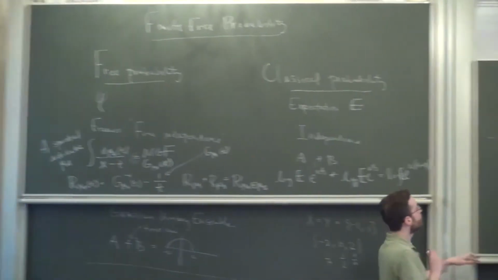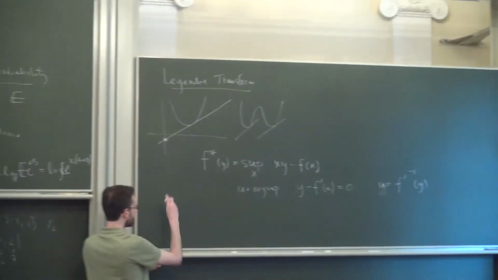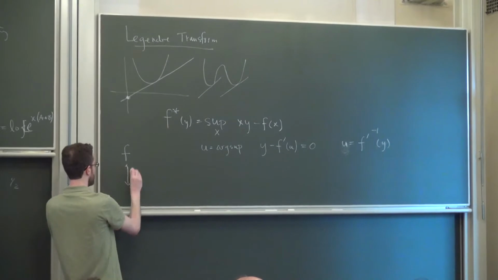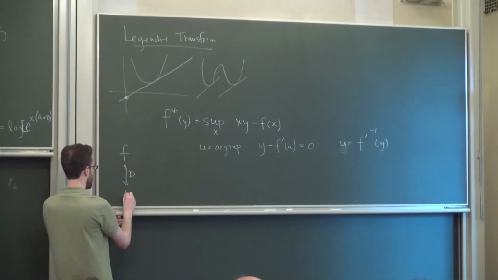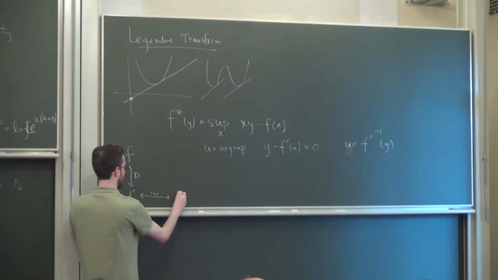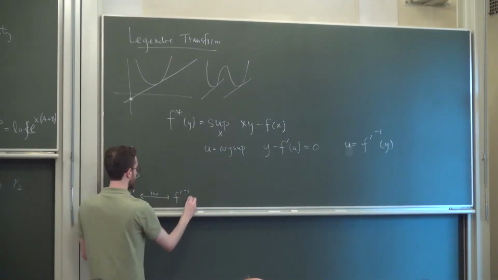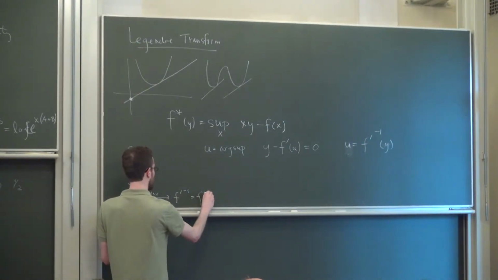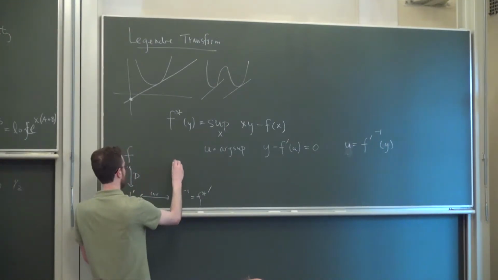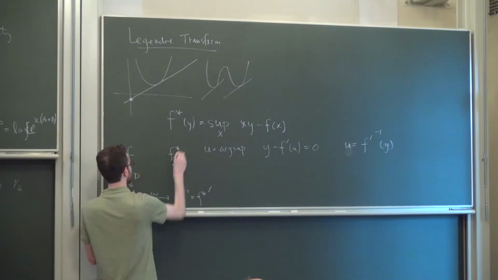Essentially, you start with f, you take the derivative, that gets you f prime. Then you have this inverse operation, which gets you f prime inverse, which is also f star prime. And then you can go to f star.